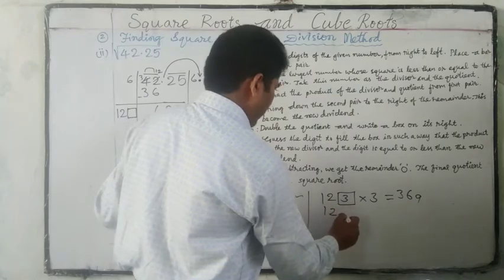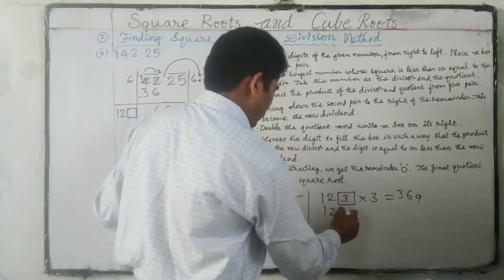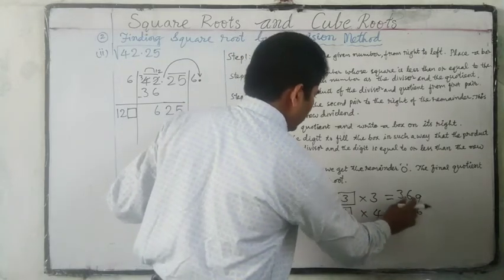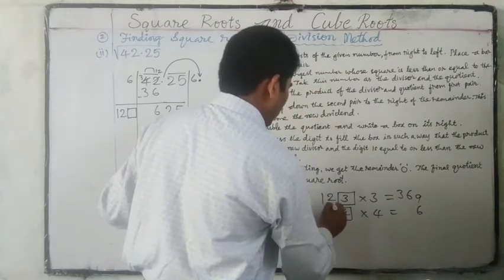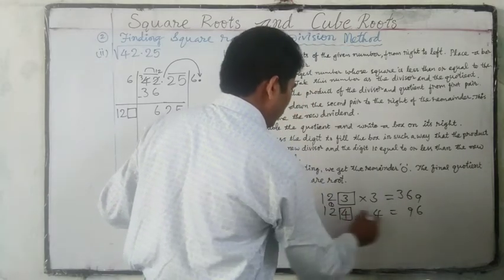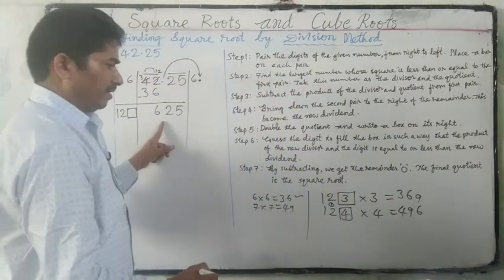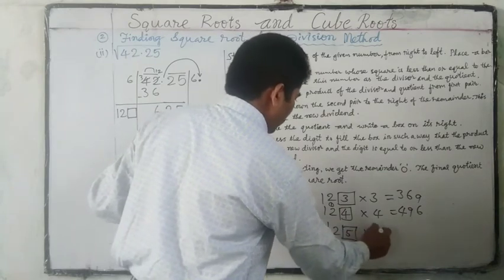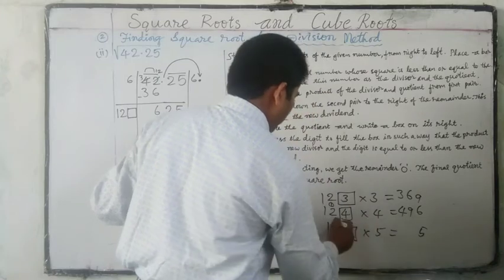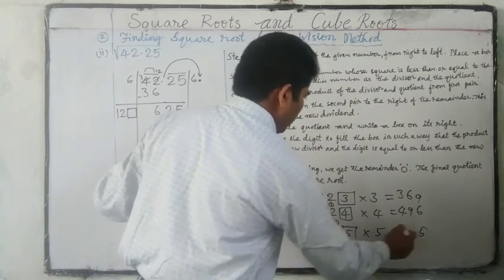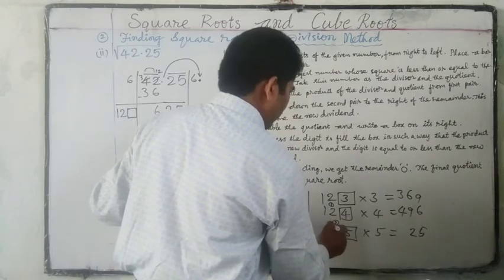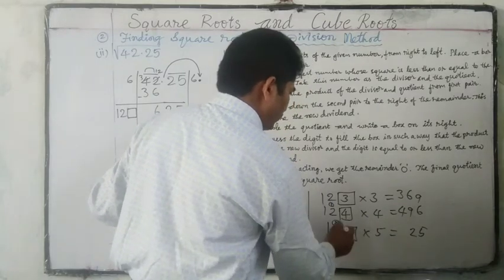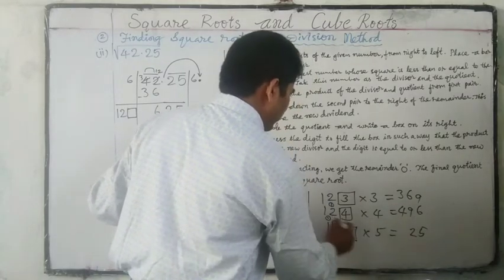Then 4: 4 4s are 16, 4 2s are 8, 4 1s are 4, 496, still less than 625. Then 5: 5 5s are 25, 5 2s are 10, 12, 5 1s are 5, 6.